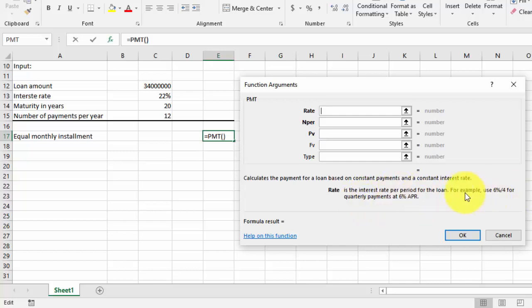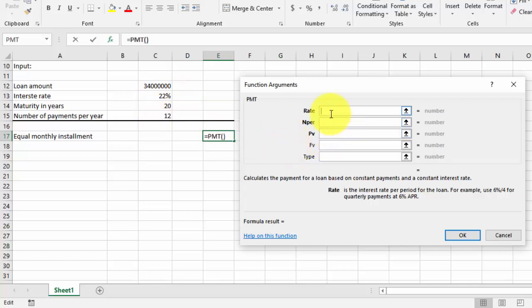So this example clearly shows that if the yearly rate is 6% but the payment is quarterly, then we have to calculate the applicable quarterly rate. In our example, the rate is actually 22%, which is the yearly rate, but we are going to pay monthly, so it should be 22% divided by the number of payments per year.